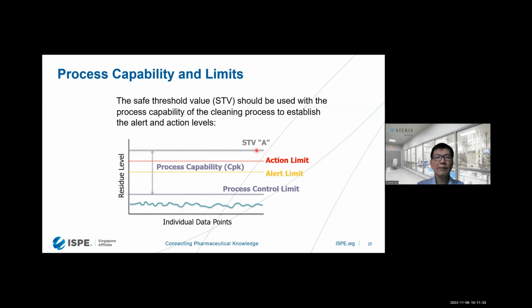So this is the limits, and if your cleaning process results are very low compared to the limits, for example, 30 to 40%, or even 20%, that will be a robust cleaning procedure to have, because that will ensure that you can consistently meet the acceptance criteria. Of course, you can set some alert and action limits based on standard deviation to alert you when there's an adverse trend happening during your cleaning process. So that will give you an early warning to perform an investigation into the root cause.